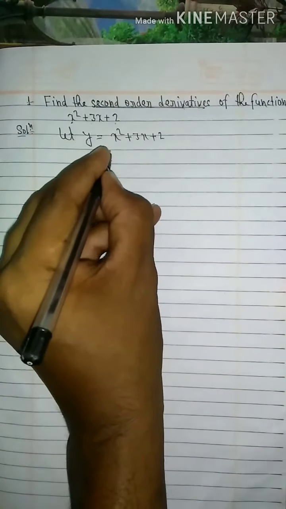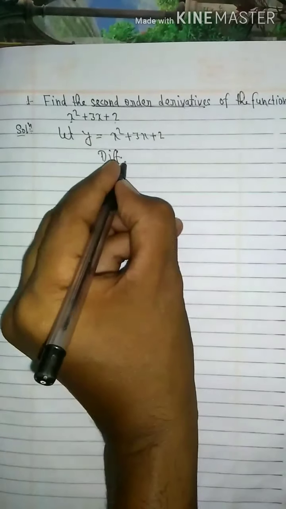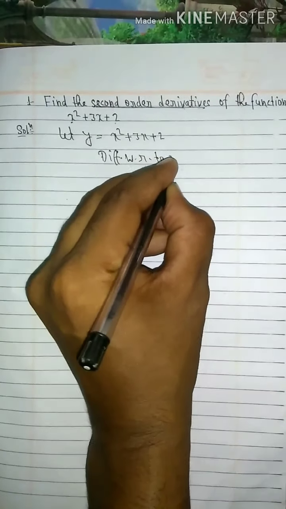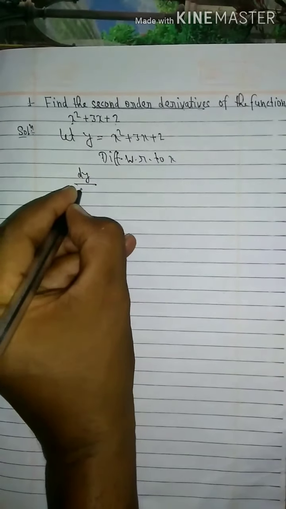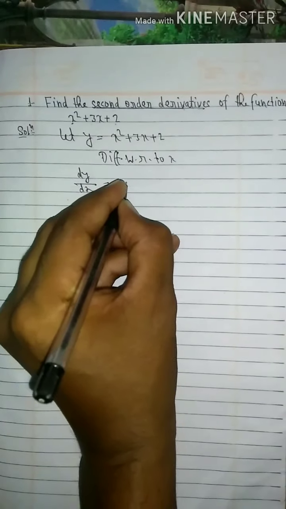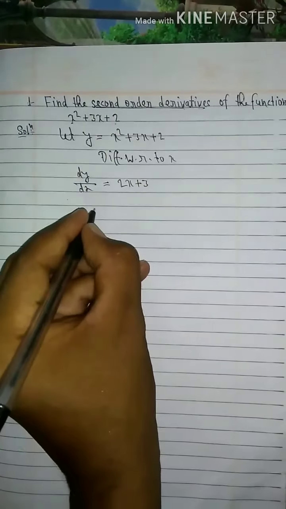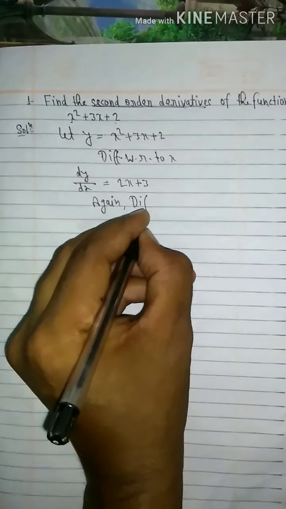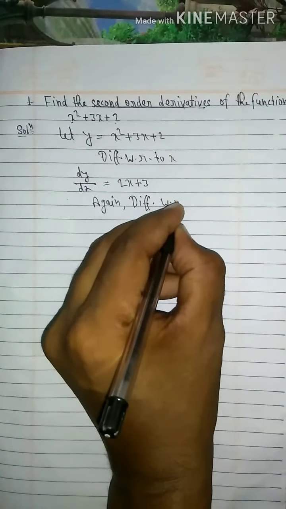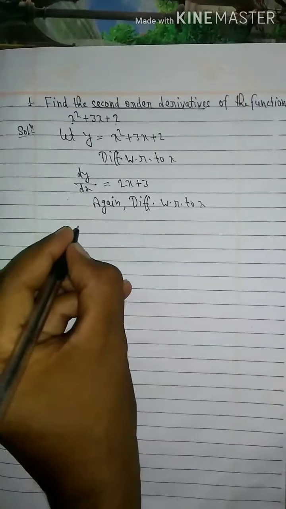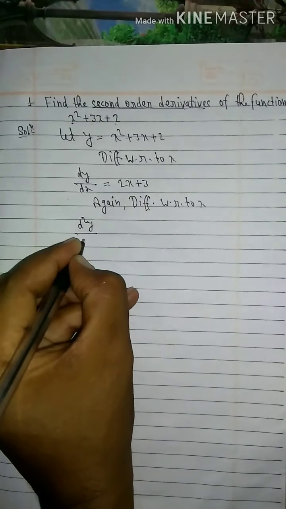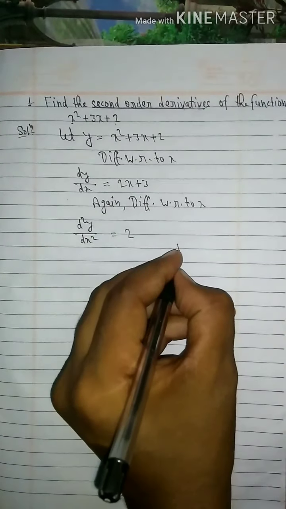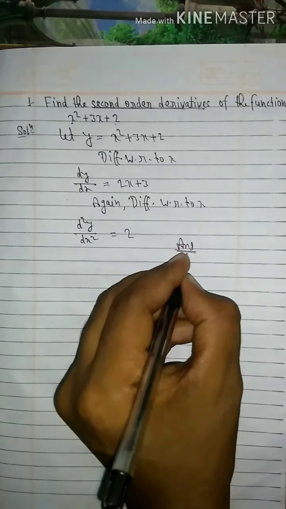First we find the first order derivative, differentiating with respect to x. So dy by dx equals 2x plus 3. Again differentiating with respect to x, d2y by dx2 equals 2. So this is your second order derivative.